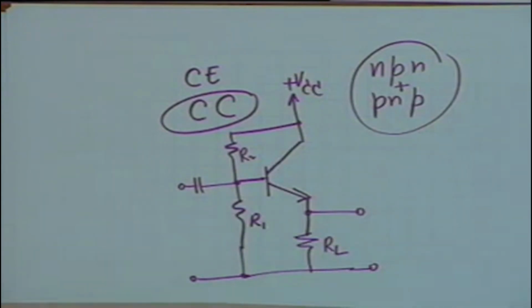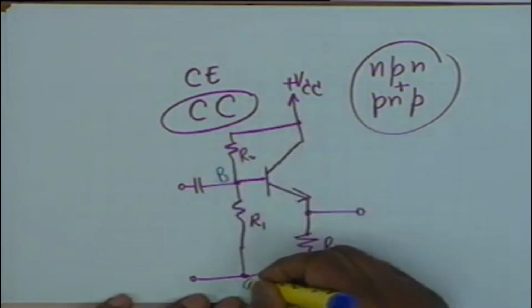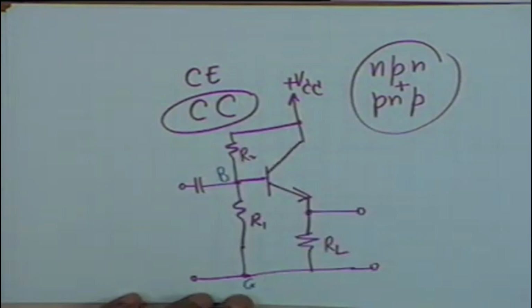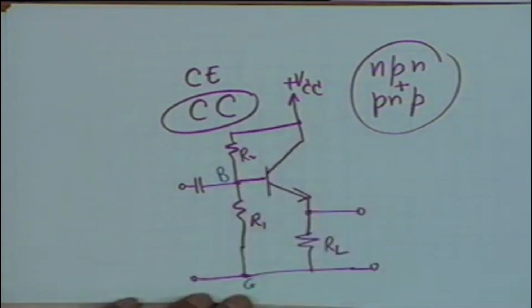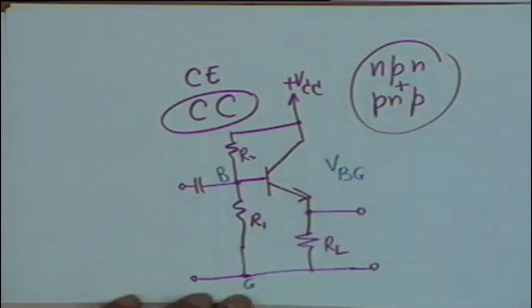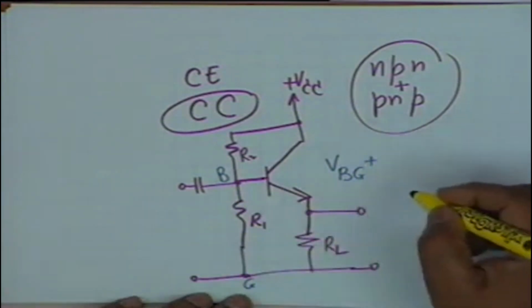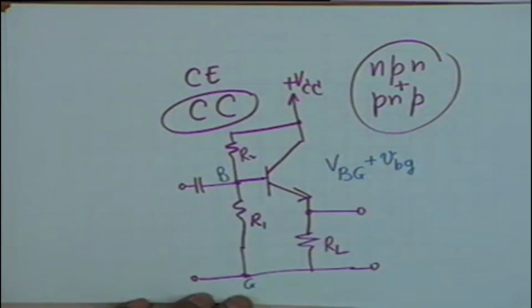Now, if you take the voltage between B and G, if we call this as ground, if you take the voltage between B and G, V sub B G is the DC part of this voltage, and there is an AC part also, let us say small v sub small b small g.